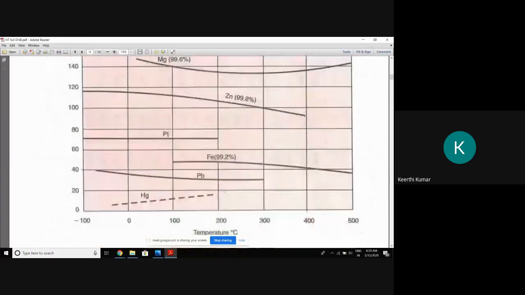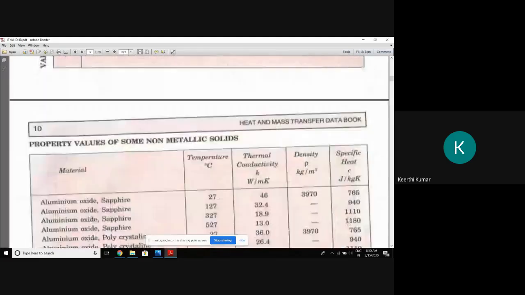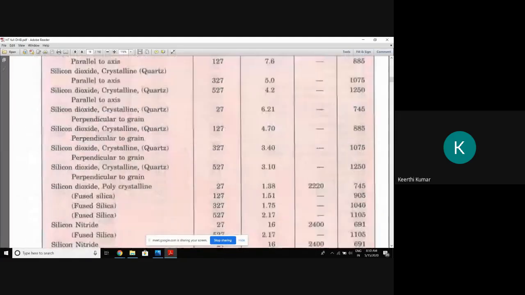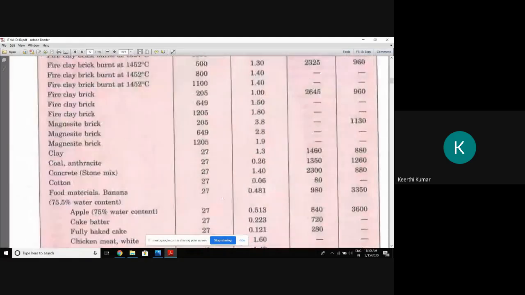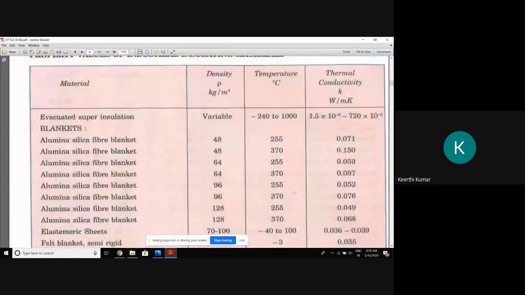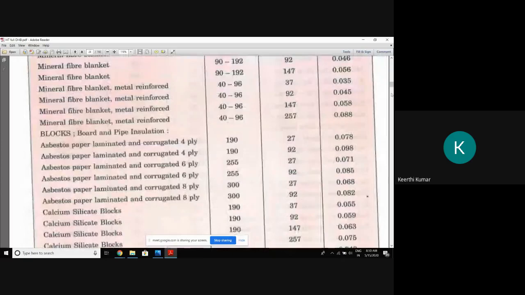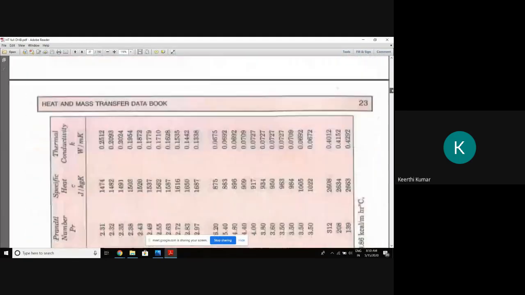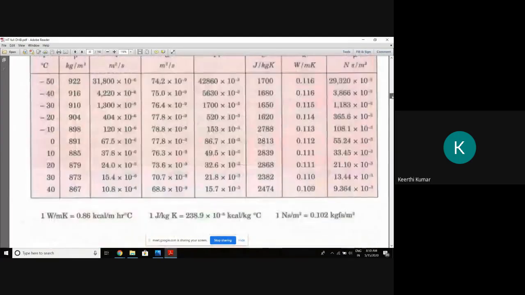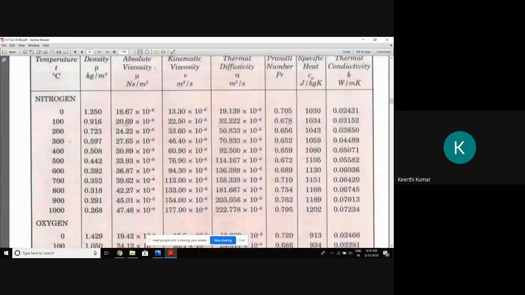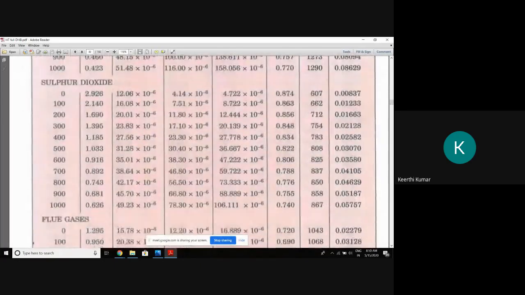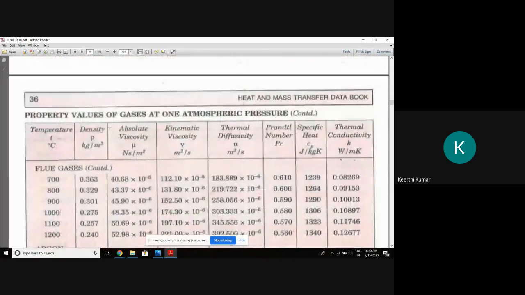At the beginning of the data handbook, somewhere, the properties of all the fluids, all the liquids and all the gases will be given. We'll check out the properties of water. Properties of gases, and then properties of atmospheric gas.